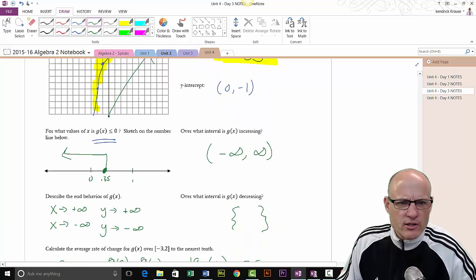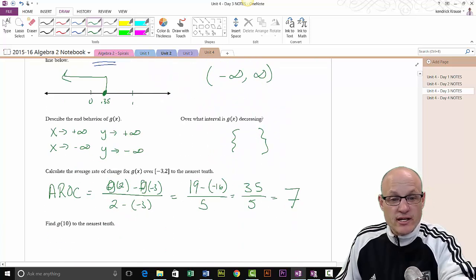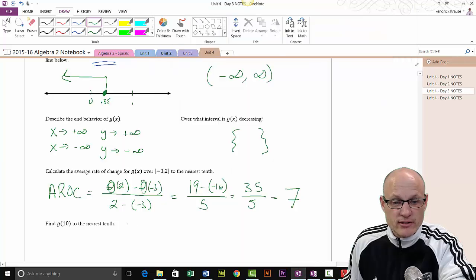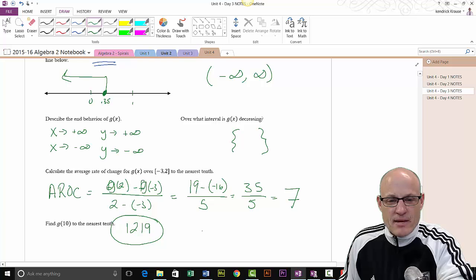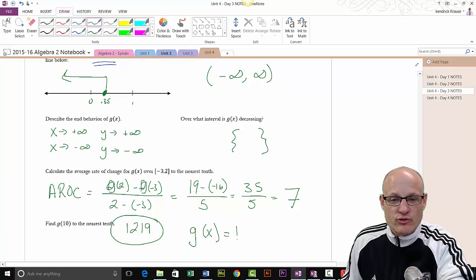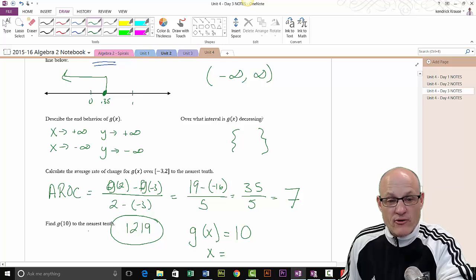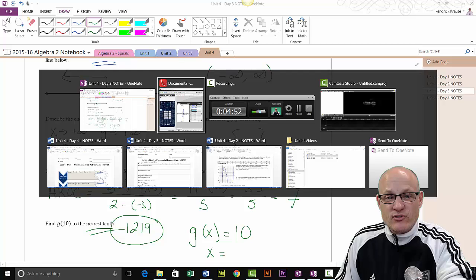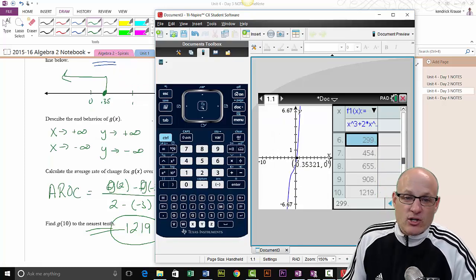I miswrote that question. I think what I was trying to get at is when does G of X equal 10. And I want to know when X is equal to, rounded to the nearest tens place. Well, the easiest way to handle that is to go back to the graph.